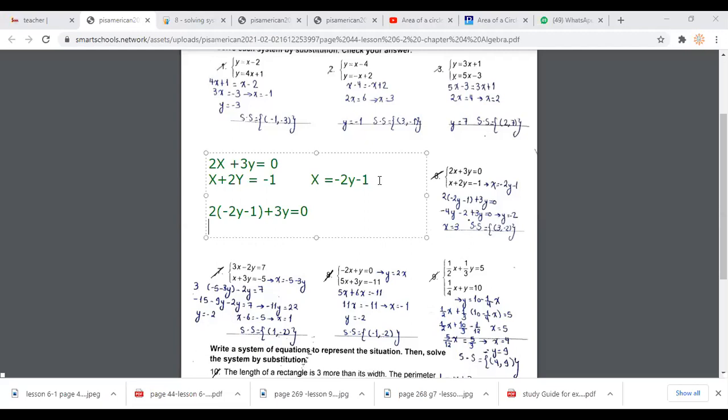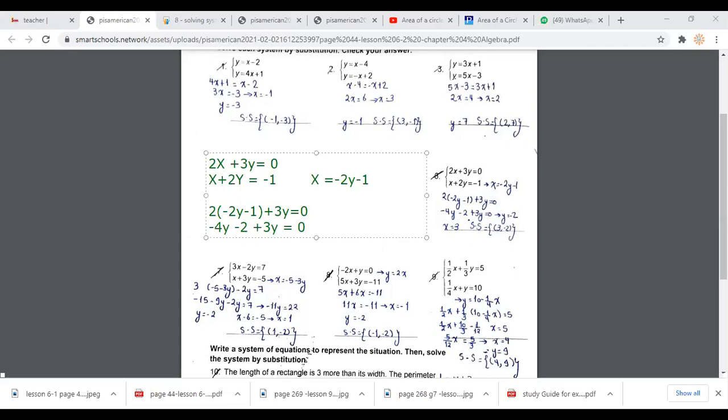Then we distribute: 2 times negative 2y is negative 4y, and 2 times negative 1 is negative 2, plus 3y equals 0.